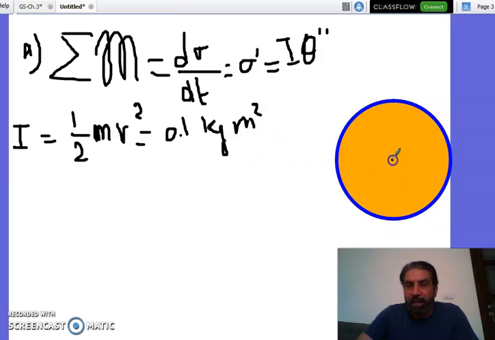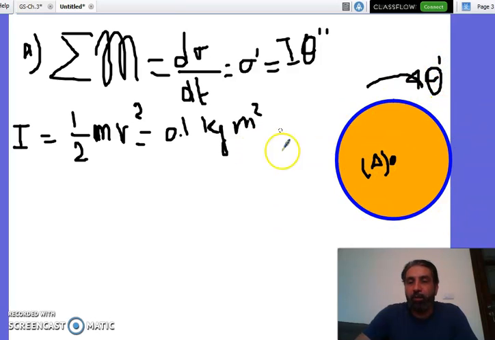Here is the axis of rotation, delta, passing through the center of the disk. This is delta. And let's suppose that the disk is rotating like this, theta prime. So the disk is rotating, say, clockwise.